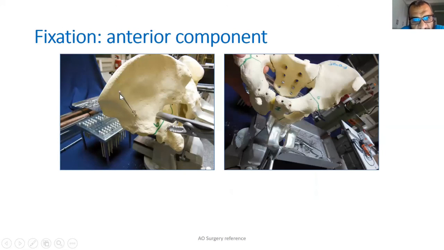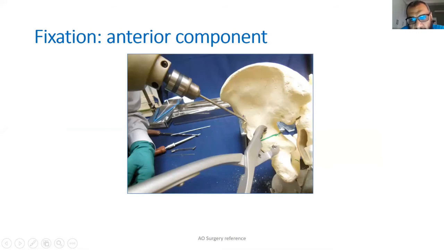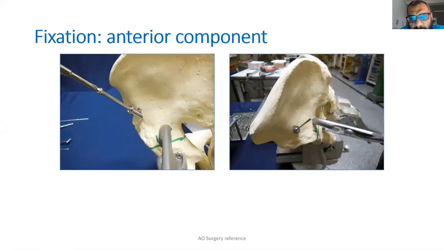So it is from the top of the greater sciatic notch again, about 4 centimeters from the vertex, which is the highest point in the posterior superior dome of the acetabulum, in the meeting point between the true posterior wall and the dome. And then you put your screw.